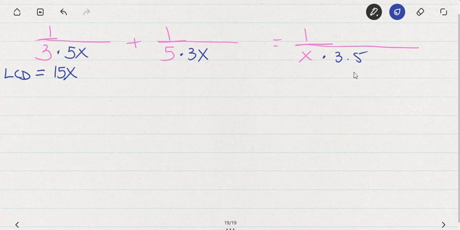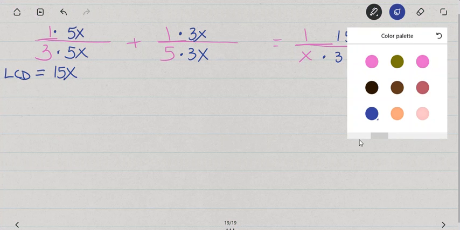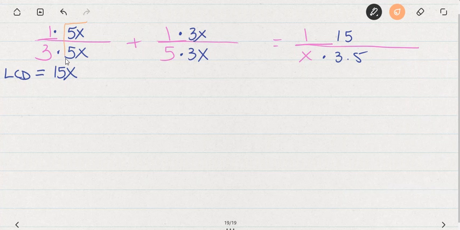We've started that by inserting the 15x, but we need to then put a 15 in the numerator, a 5x in the numerator, a 3x in the numerator, so that really we've not changed the value here. What we've done is we've multiplied by 1. 5x over 5x is just 1.